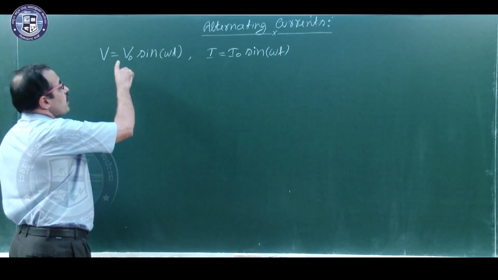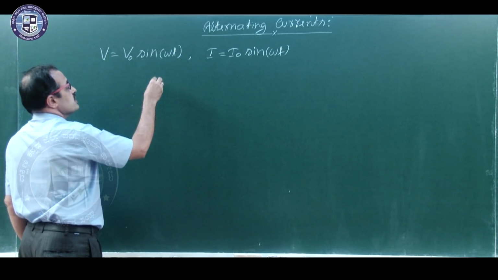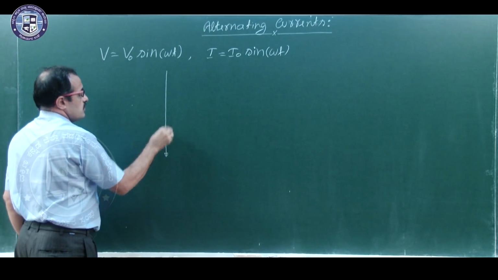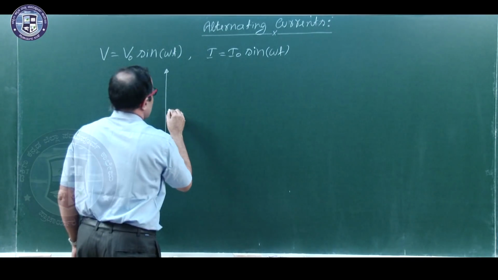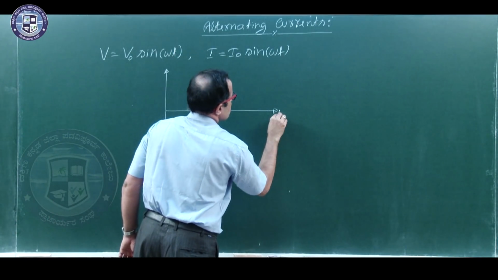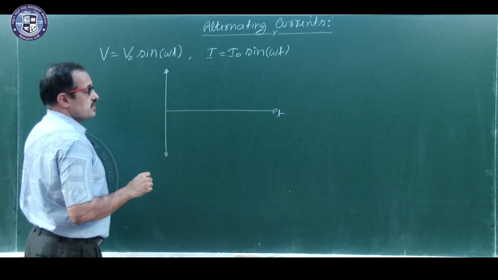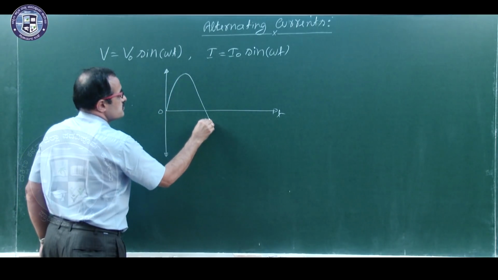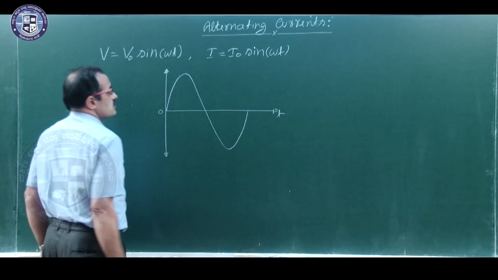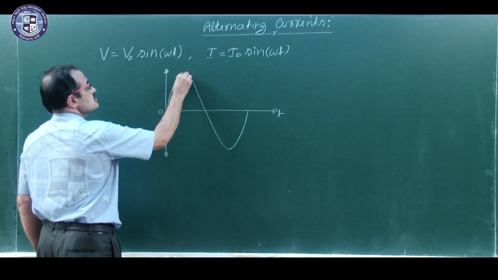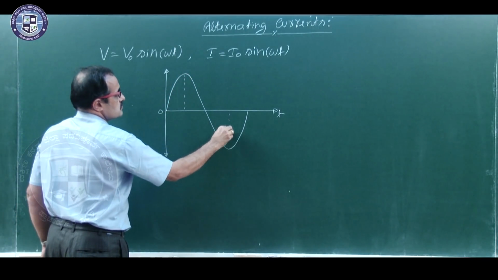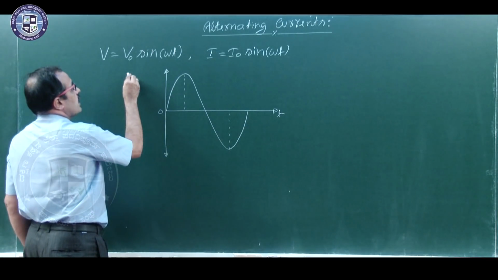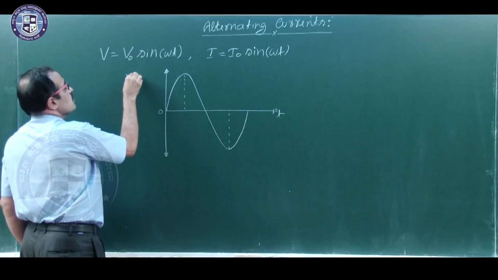Okay. Now, we plot the graph of this voltage and current. The graph is similar to the graph of SHM. So, this is time along the x axis and we take voltage along the y axis.